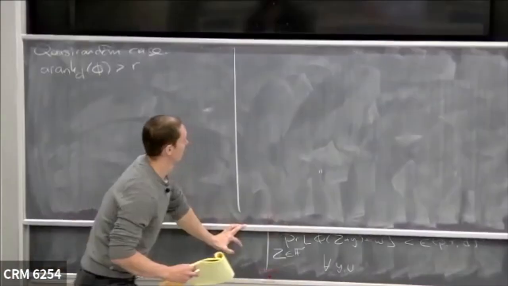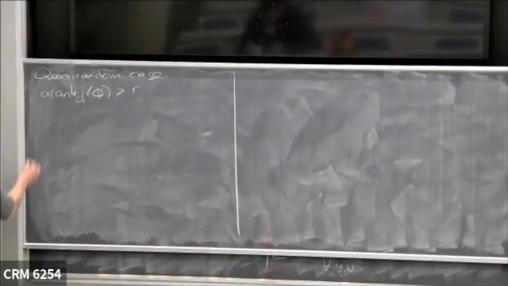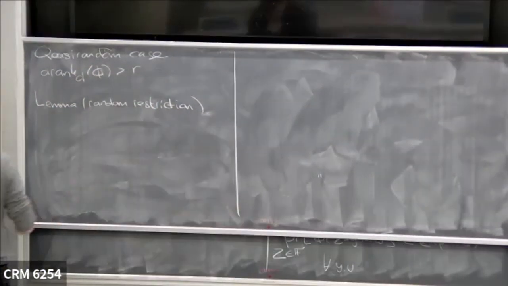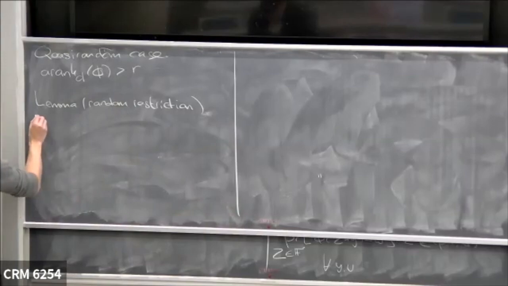And so the main lemma that we use for this, which we had to prove, is what we call a random restriction lemma. Random restriction. So yeah, to be precise, it says the following.